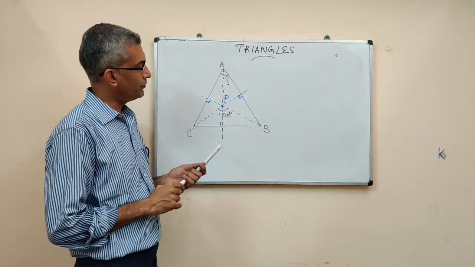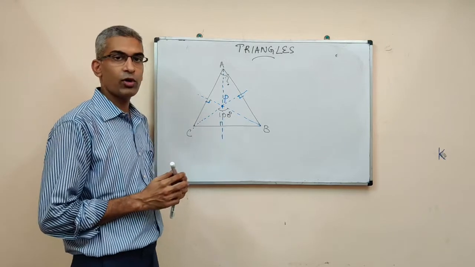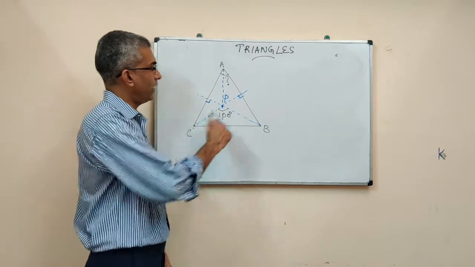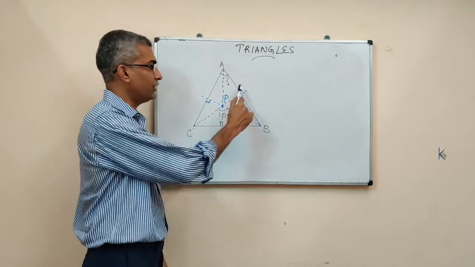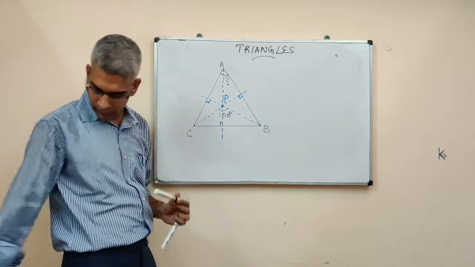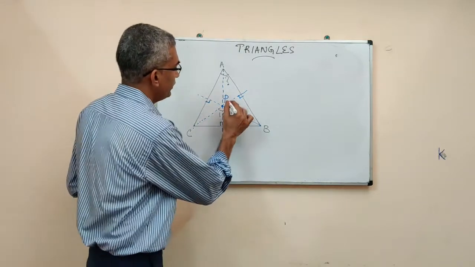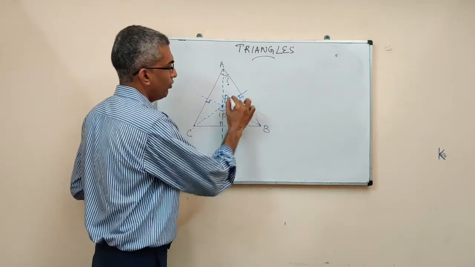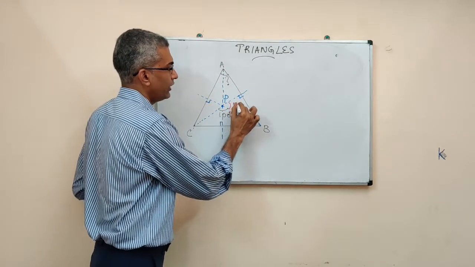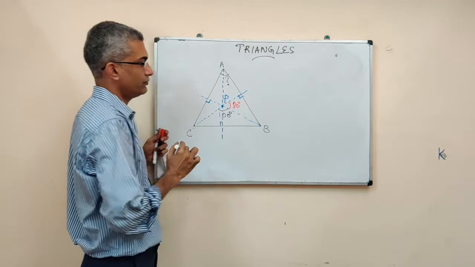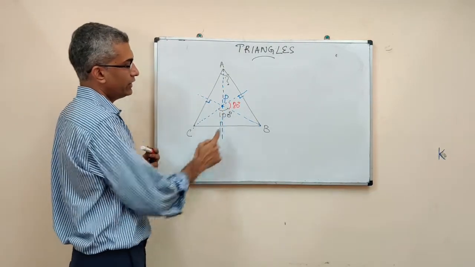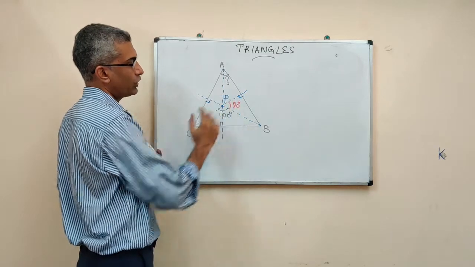Now here, we use the various properties of this triangle. First of all, when you look at this line, the altitude from C, this angle is 100. So you can say that this angle should be total 180 for the line minus 100, which is 80 degrees. That is 80 degrees because this is 100, total is 180.